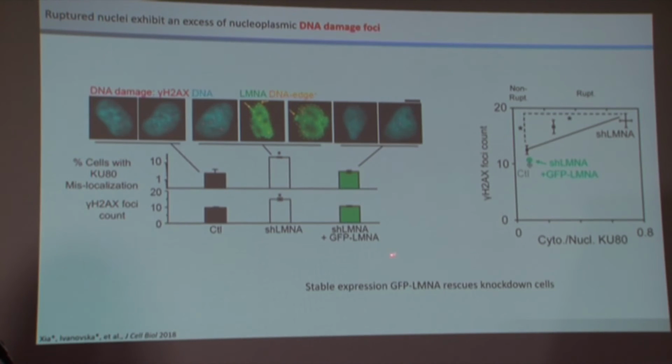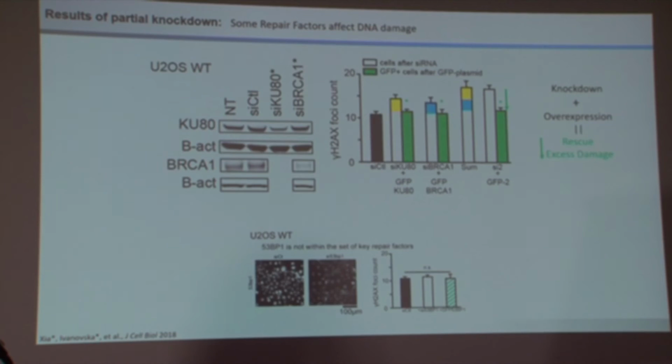If we overexpress it in these knockdown cells, we rescue the damage, and the foci number goes back to the original basal level.